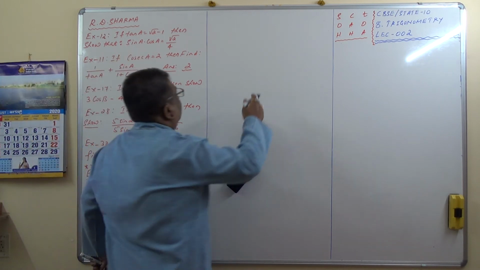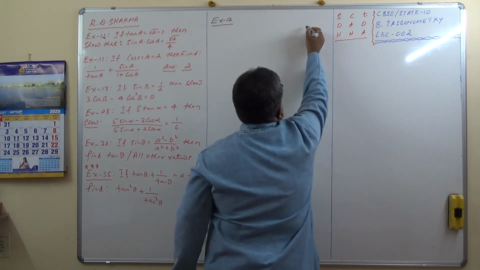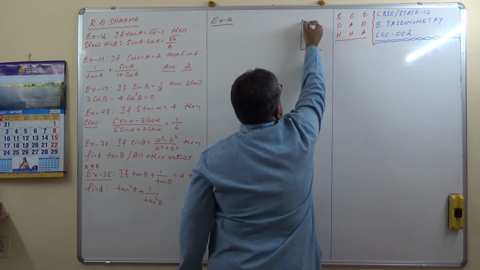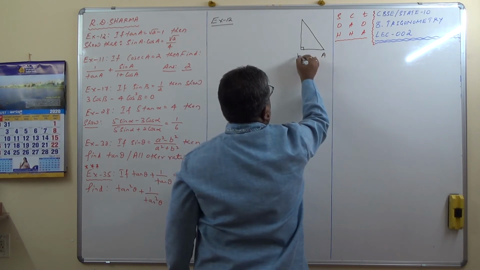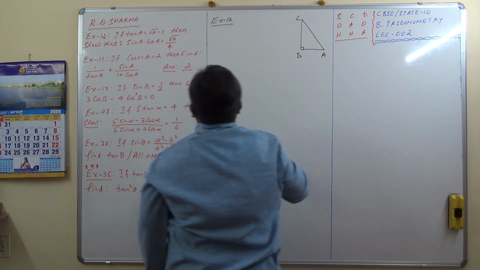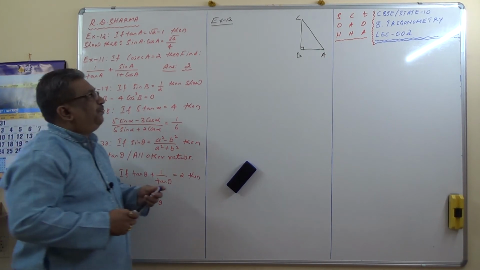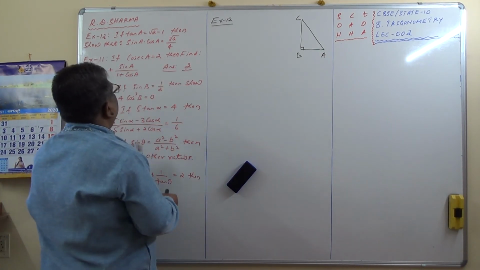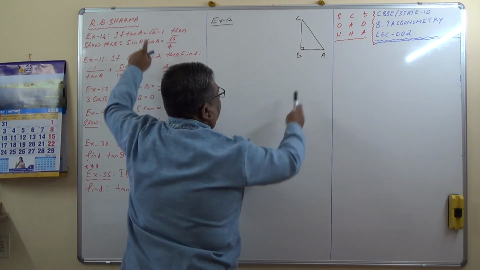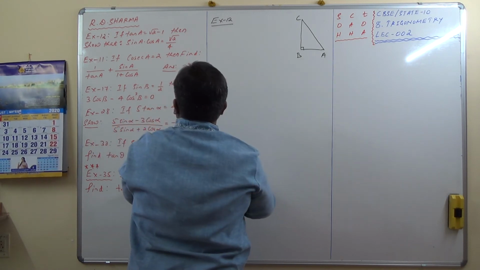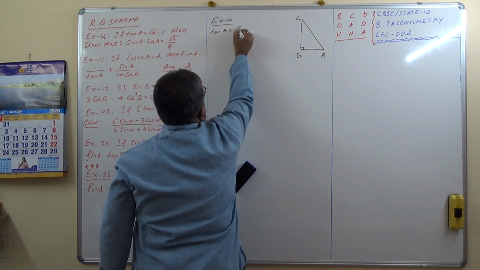So these are some typical sums. Let us solve now. Example 12. If tan A equals root 2 minus 1, then show that sin A into cos A equals root 2 by 4. So to solve the example 12, let me draw the diagram here. A is the reference angle. So example 12 diagram is drawn here, ABC. A is the acute angle. Given tan A equals root 2 minus 1.